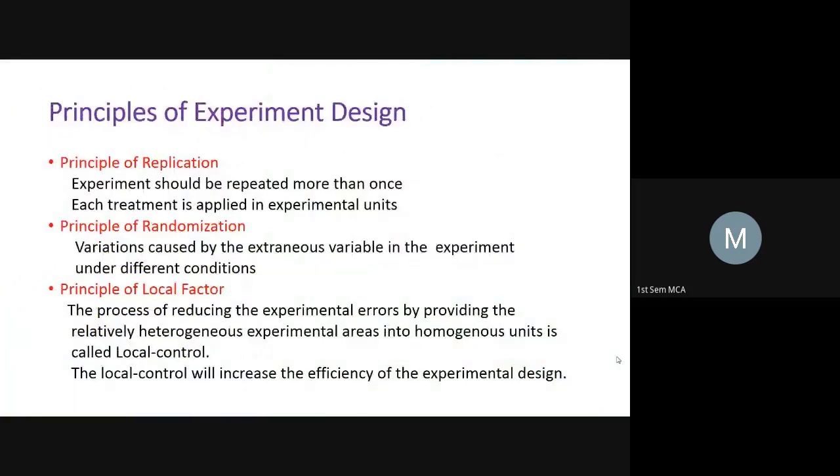Next is the principle of randomization. What is this? It is variation caused by an extraneous variable in the experiment under different conditions. I call this extraneous variable a free variable. This free variable is not going to affect the study of the scope in the research.